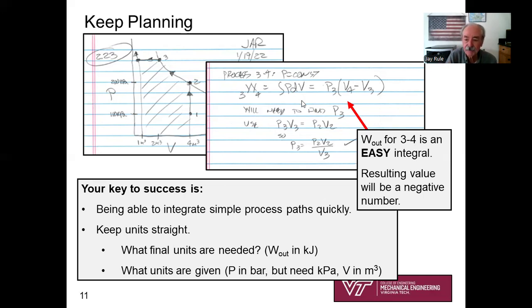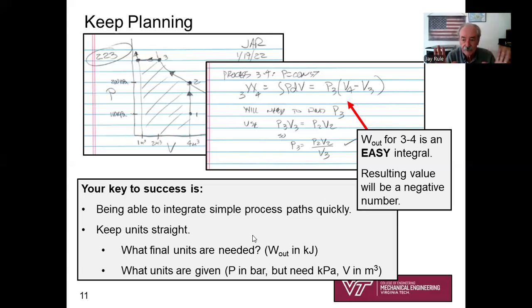The integral of dV is just V, evaluated from 3 to 4, so it's simply going to be that constant P3 times (V4 minus V3). You see that this is not a formula. This is the result of a mathematical expression that you're evaluating, not a formula. Now looking ahead, we're going to have to find what P3 is. It's going to be very easy. We'll do that in our solution.